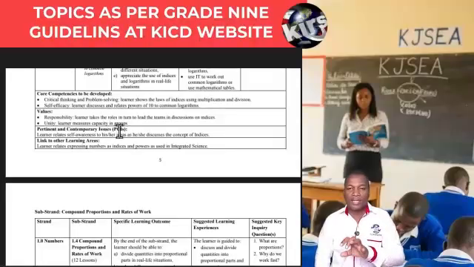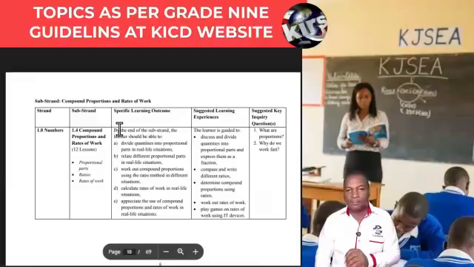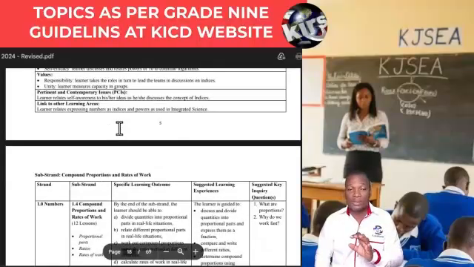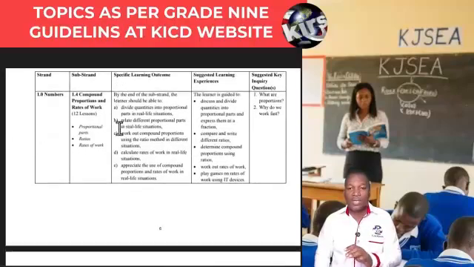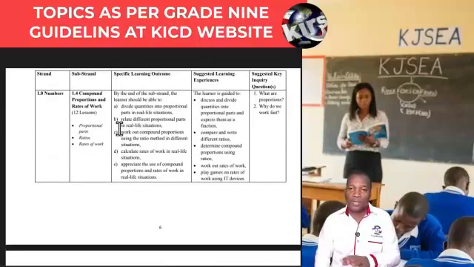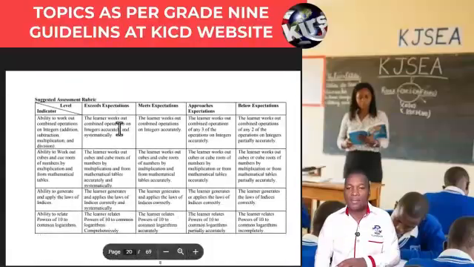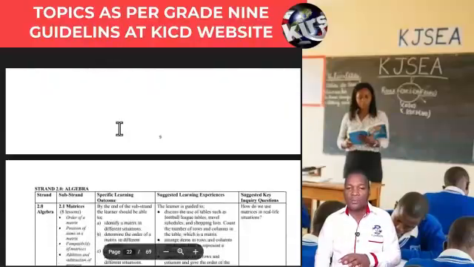And remember, we are talking of the KJSEA curriculum design for grade 9, the grade 9 mathematics design. Down here we have compound proportions and rates of work, and then we move down quickly.